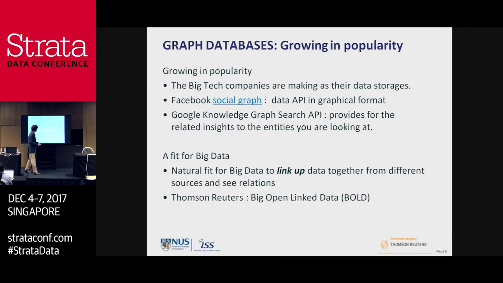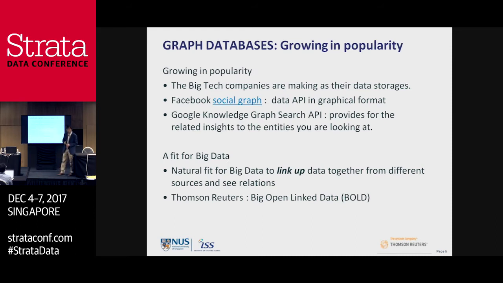And at Thomson Reuters, my ex-company, where Radha is working as well, we have an initiative called BOLD, Big Open Link Data, which is essentially a graph of everything you can conceivably think of. A graph of entities, organizations, people, which Radha will espouse more on, and even events.